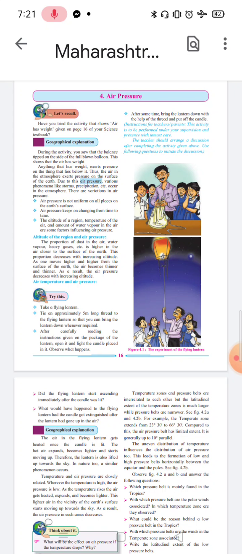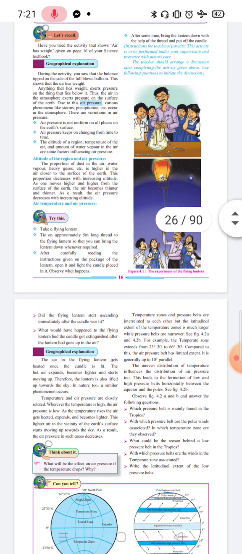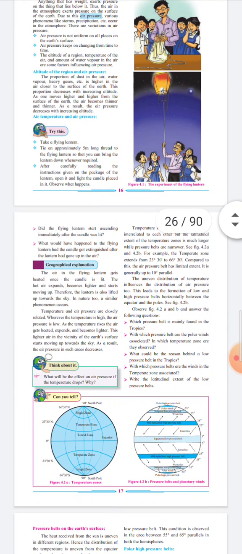Students, observe the 4.2 diagram. Here you are seeing latitudes. 0 degree latitude is an important latitude due to which the earth divides into the southern hemisphere and northern hemisphere.